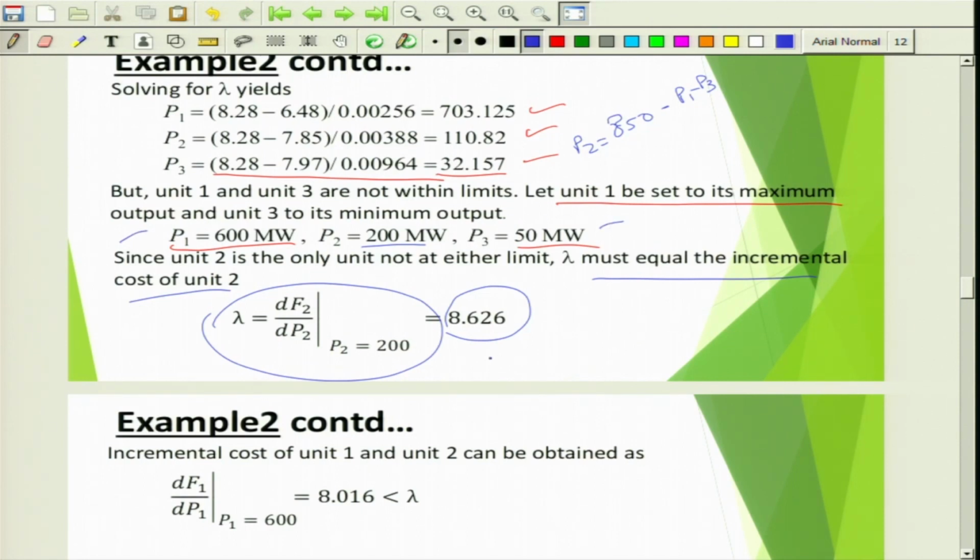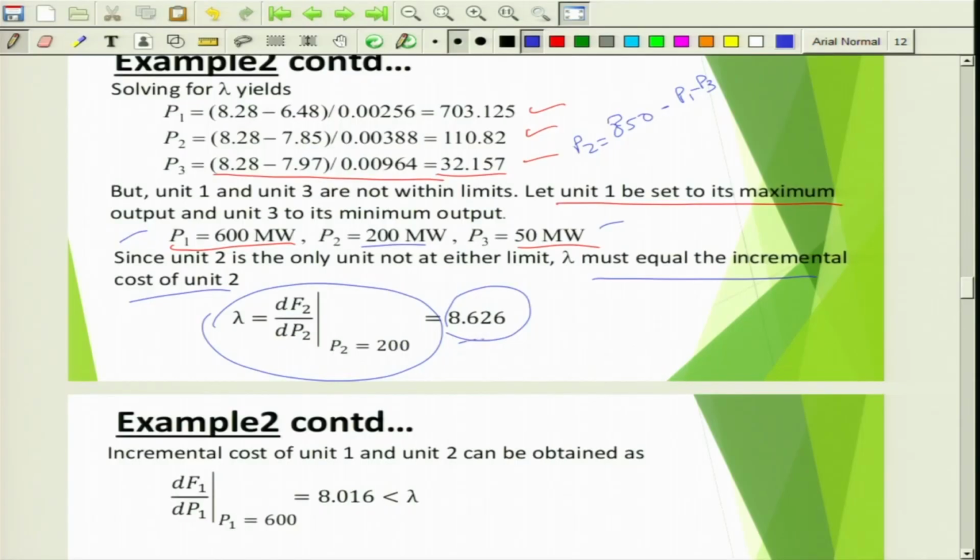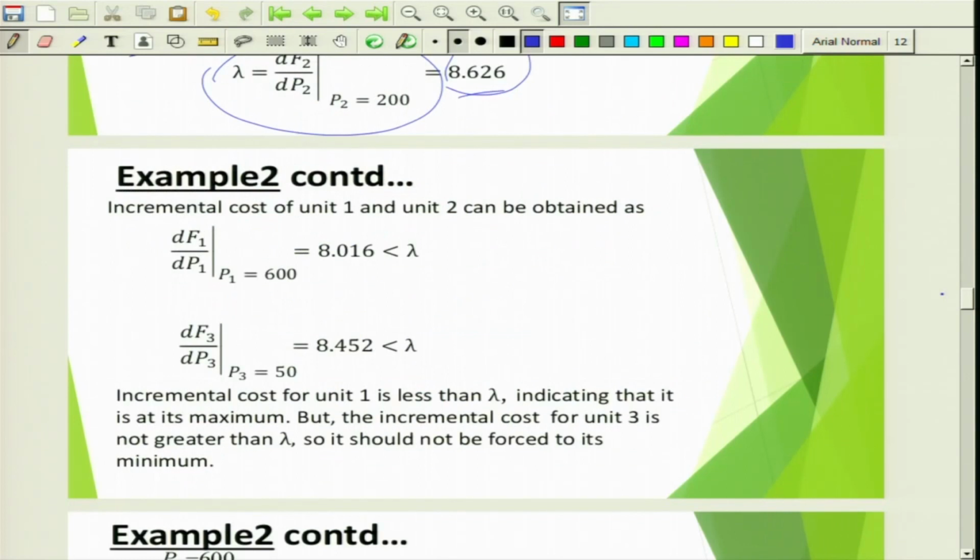If they could be equal to lambda, then you should take the previous value, and that will violate the inequality constraint of generator 1 and generator 3. Now you will get lambda to be 8.626. Now you have to check the partial differential equation, obtain dF1/dP1 when P1 is equal to 600. When P1 is equal to 600, what is the lambda that you are getting?